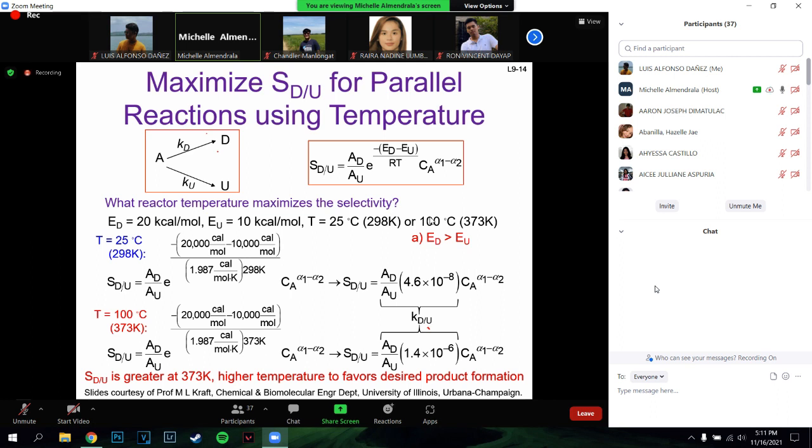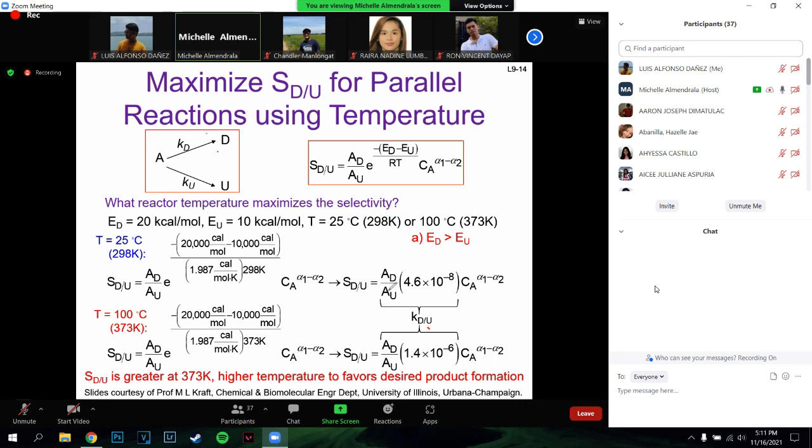What happened is that this quantity here, 4.6 times 10 to the negative 8, is much smaller compared to 1.4 times 10 to the negative 6, which is much bigger, for the same concentration and the same activation energy ratio, right? Because these two will just cancel anyway.